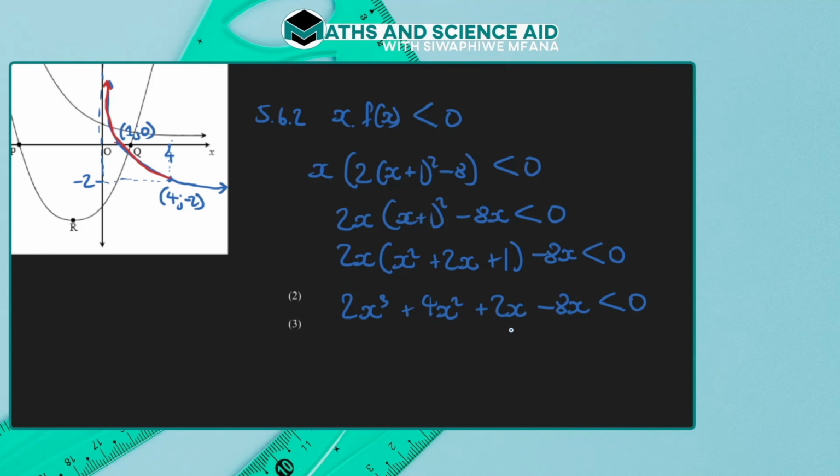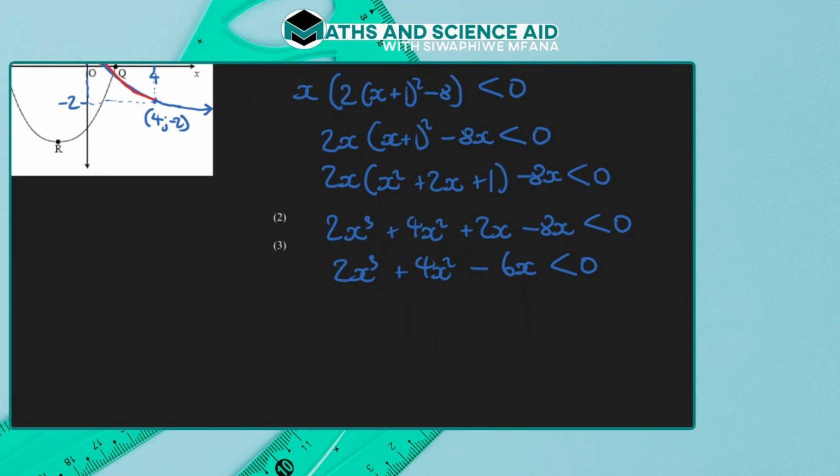And now from here, we can add up our like terms. So we've got 2x cubed plus 4x squared, and then we've got positive 2x minus 8x, which gives us negative 6x, less than 0. And now from here, we can simplify this further by taking out a common factor, because we can see that we've got x in all of these terms, and we've got 2, 4, 6.